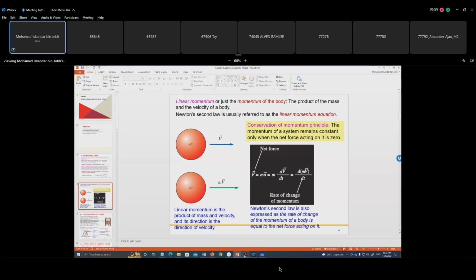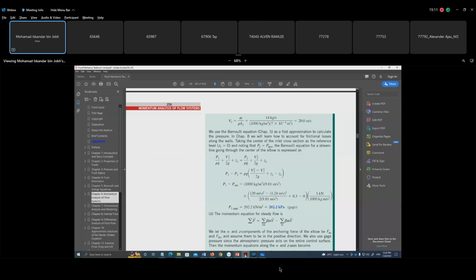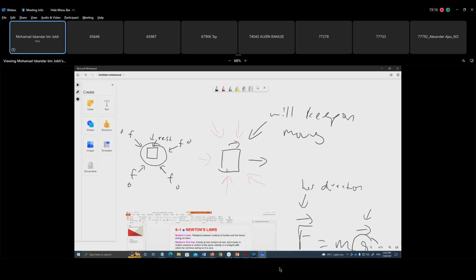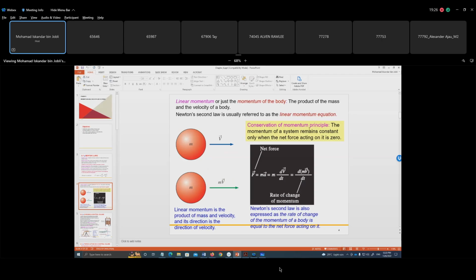When it flows, momentum is there. When this thing is flowing, it has mass and it has velocity, so you have momentum. When this thing is moving without any force acting on it, the momentum will be constant. The momentum of a system will remain constant if the net force acting on it is zero.